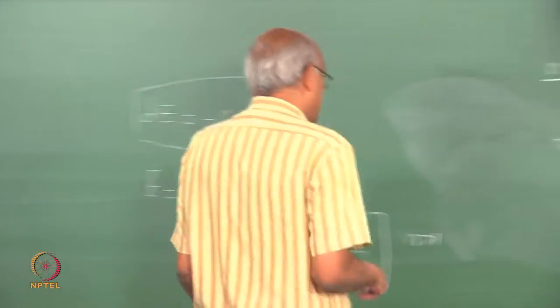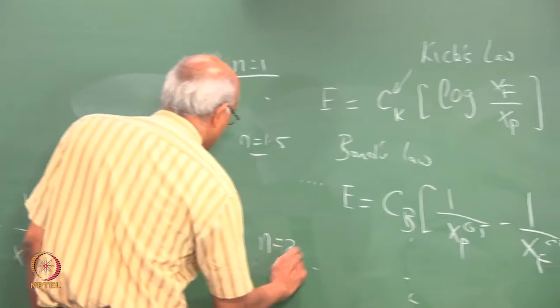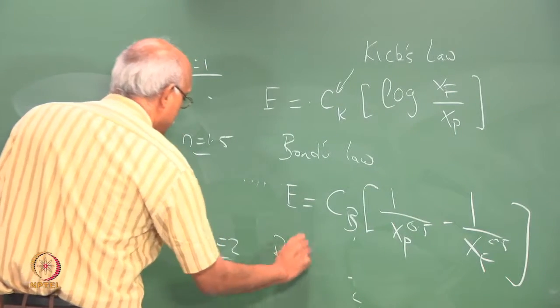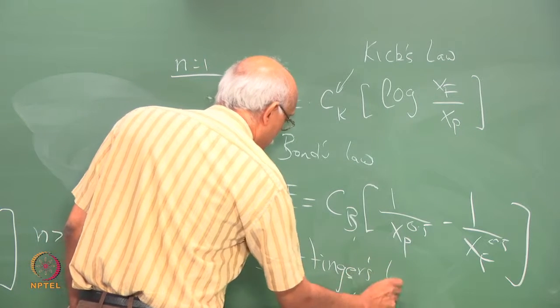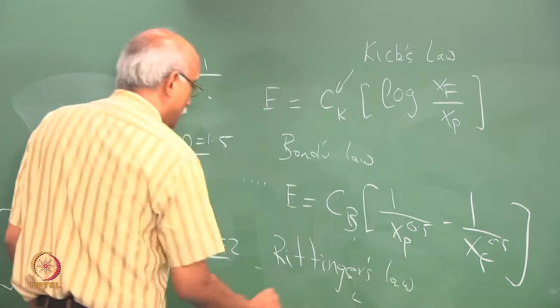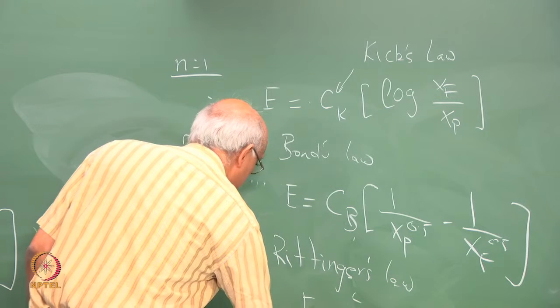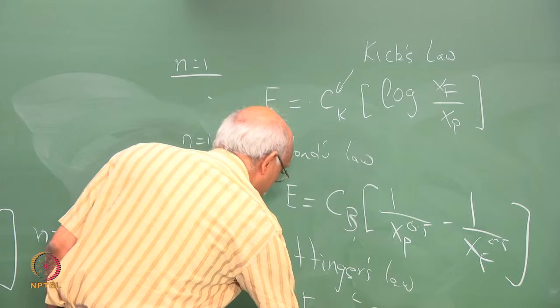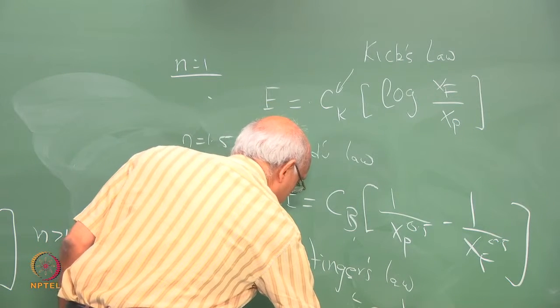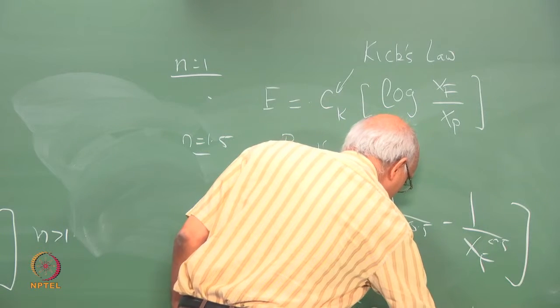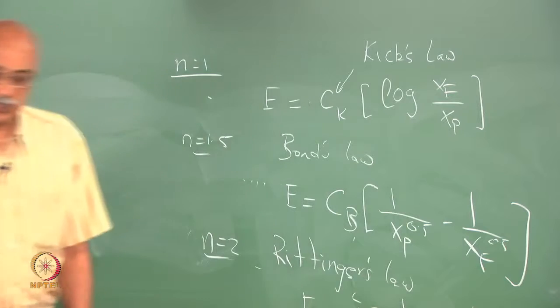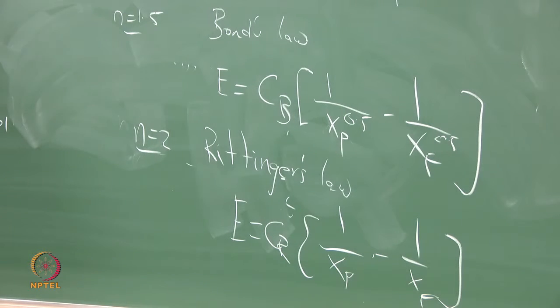When n is equal to 2, we get something called Rittinger's law. Obviously, that goes as E equals C r times 1 over x p minus 1 over x f. So, these are special cases of the energy law or size reduction law.